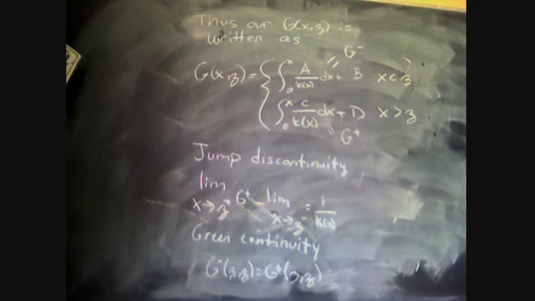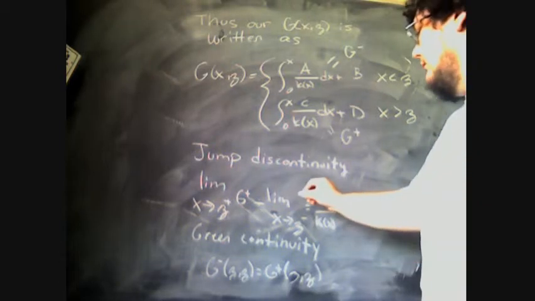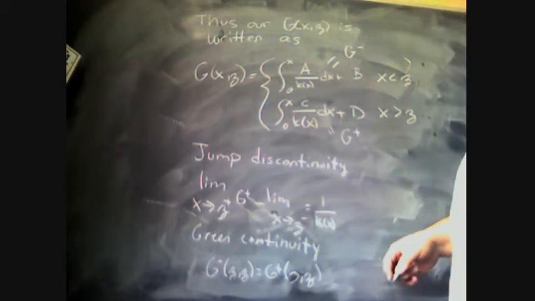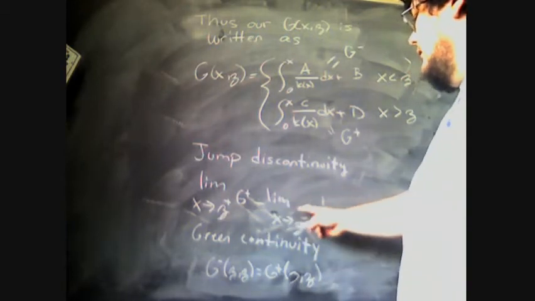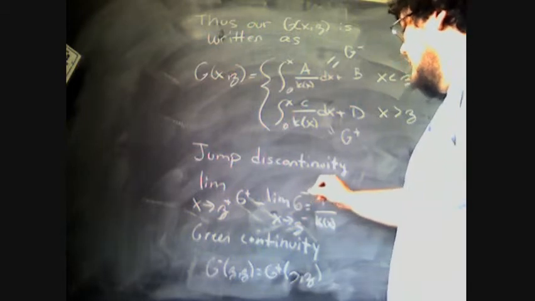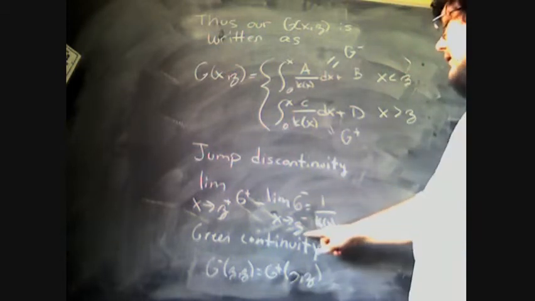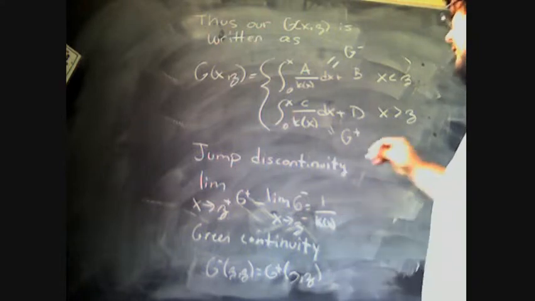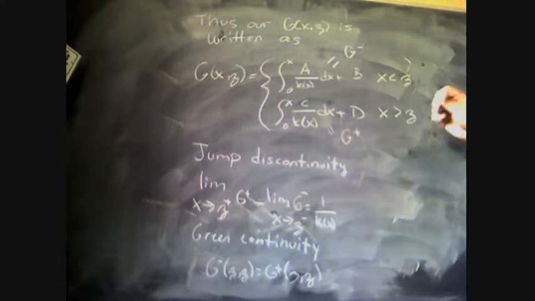So we have this special condition where, if we take the limit of g plus as we approach z from the positive side, minus the limit of g minus as we approach z from the minus side, this difference is equal to 1 over k of x, because k of x is known as our Sturm-Liouville component in this equation.